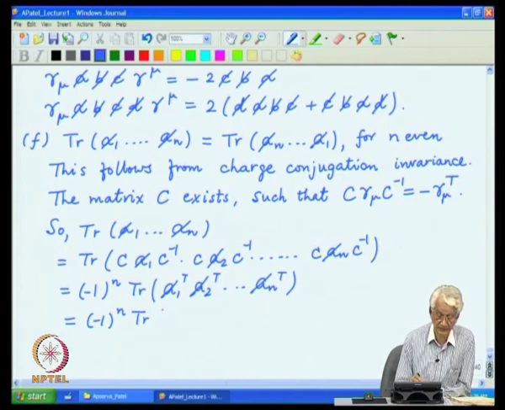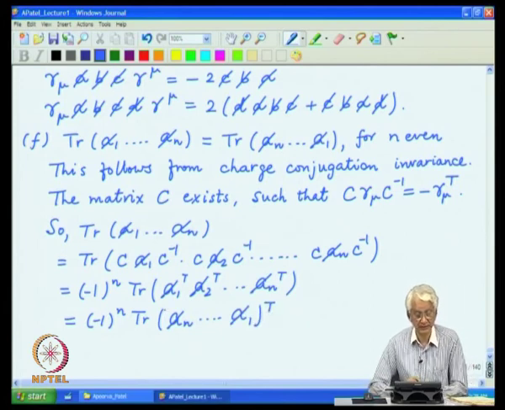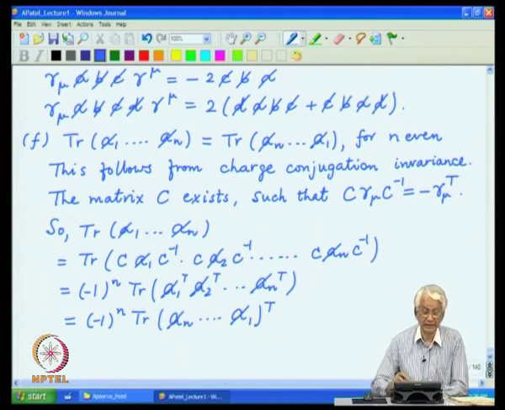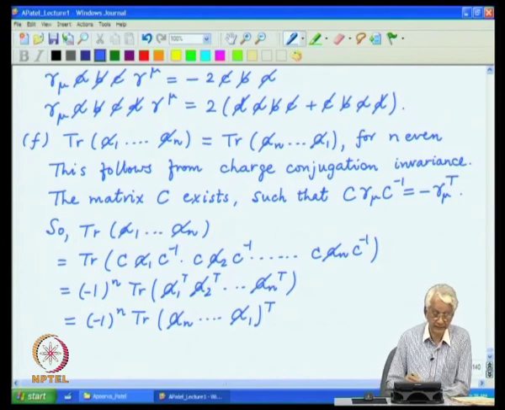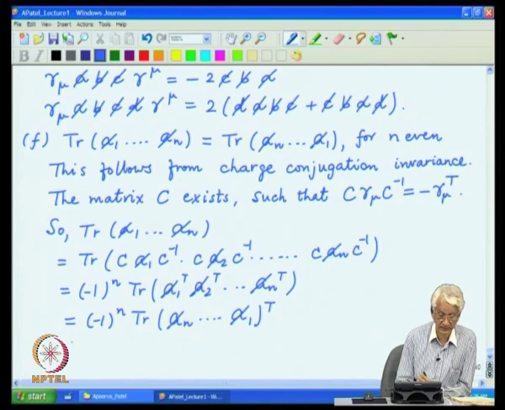So, this is now equal to trace of A n slash ... A 1 slash the transpose first, and then the trace, where trace of a matrix and its transpose are equal, and the number n is even. So, that together gives the result that we wanted.